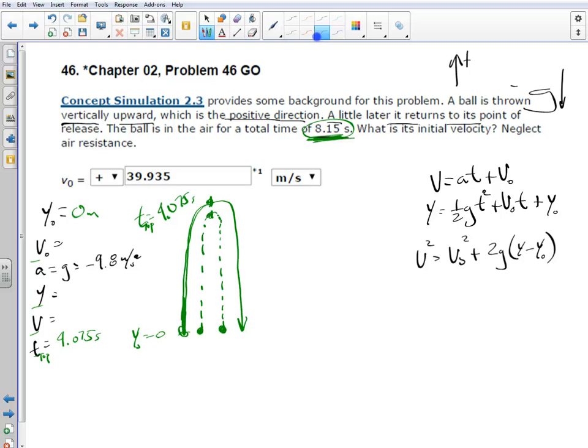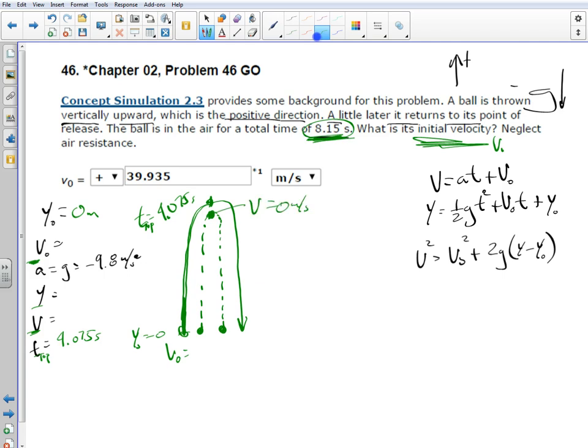What do you know about an object at its highest point? At its highest point, what does it do momentarily? Correct, it stops. So which one is that? Is it v or v0 that we're talking about? Well, that's going to be v, because v0 would be whatever I threw it with. In fact, that's what I'm looking for. I'm looking for v0. So its final velocity is 0 meters per second.